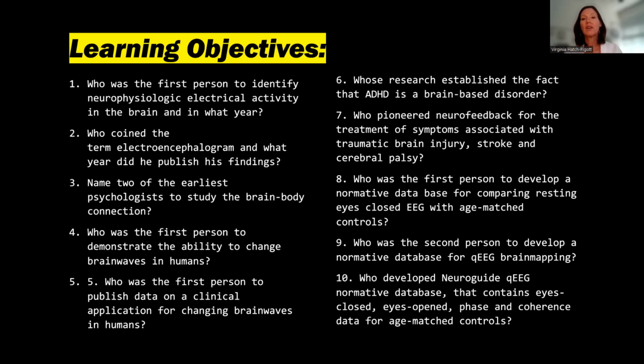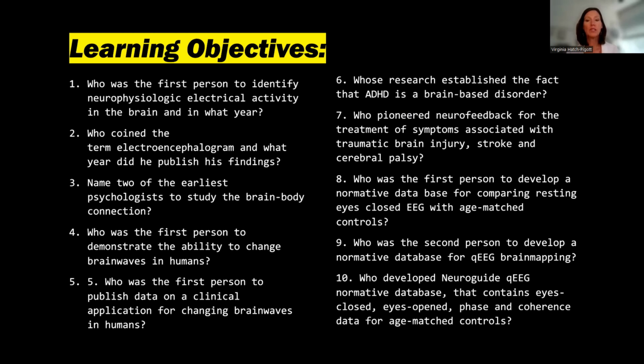Number 6, whose research established that ADHD is a brain-based disorder? Number 7, who pioneered neurofeedback for the treatment of symptoms associated with traumatic brain injury, stroke, and cerebral palsy?